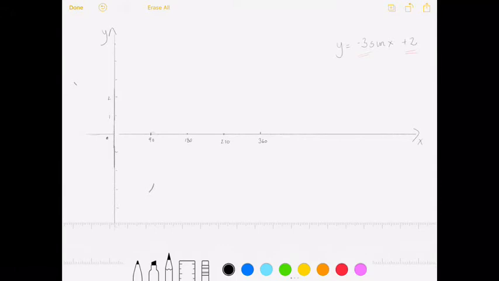So again, just take your time, label your axes correctly, it's definitely worth doing this.